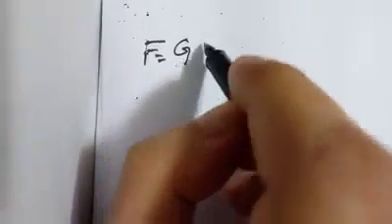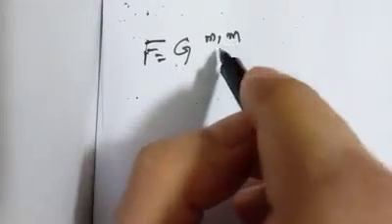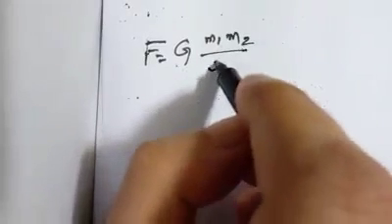I'm just going to write the basic part. That is F equals G m1 m2 whole divided by r squared.